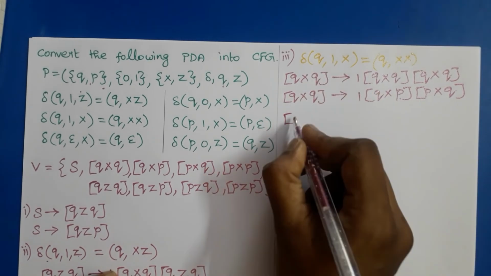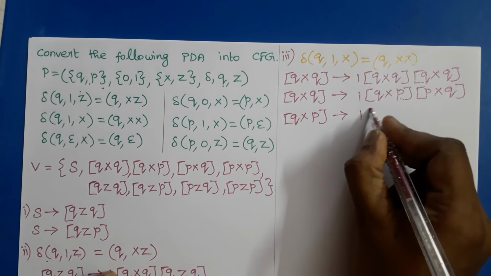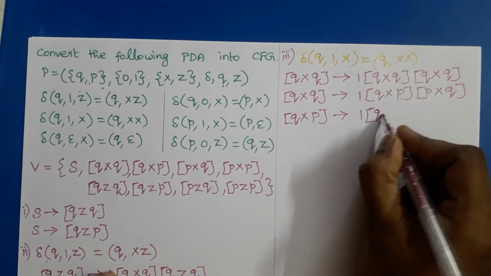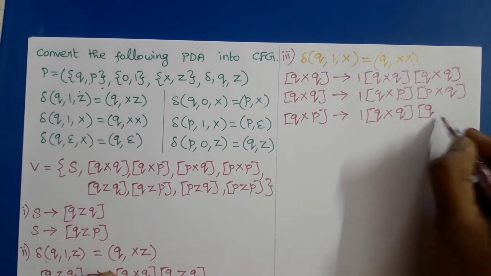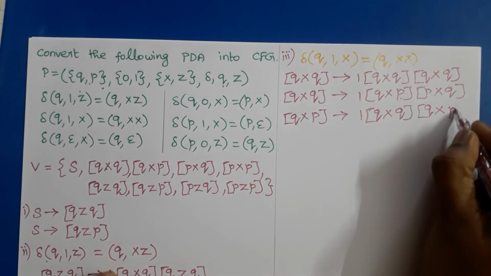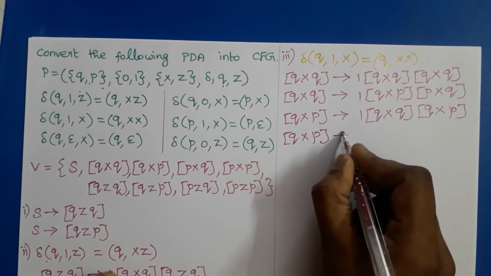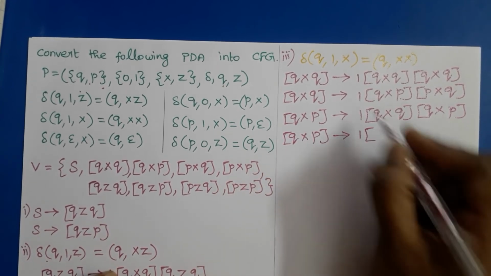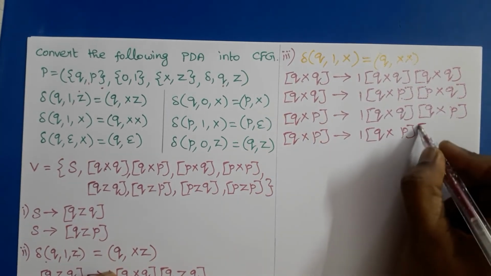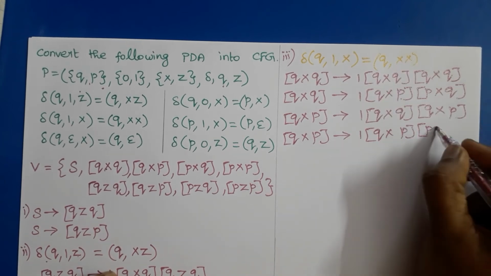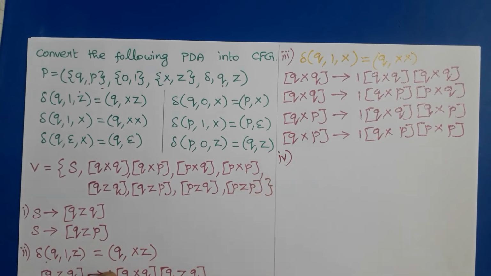So QXP tends to QX, Q, the same QXP. Then QXP implies QX. Here I am going to write P. PX, this P.